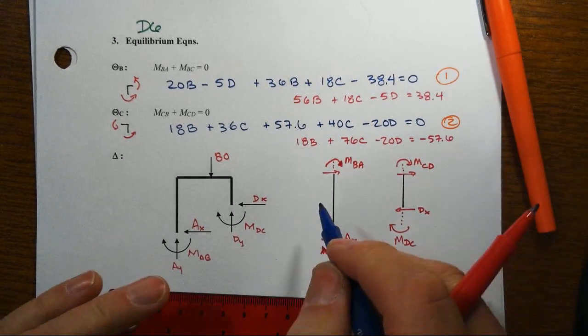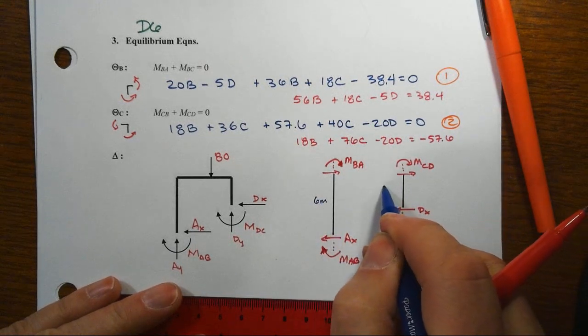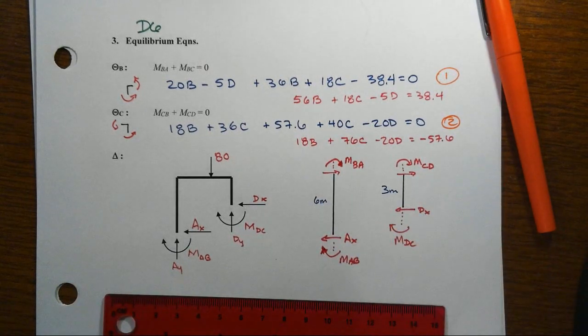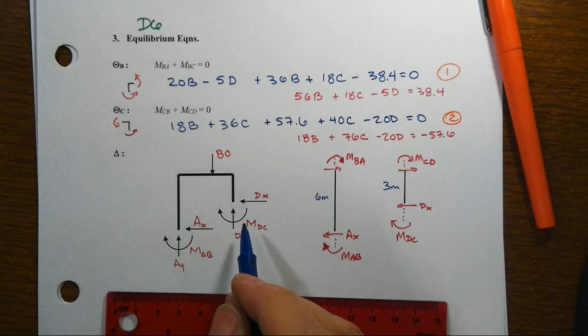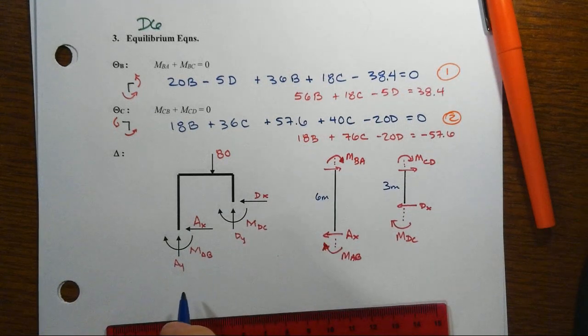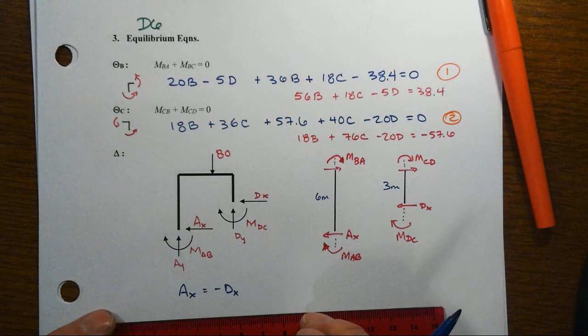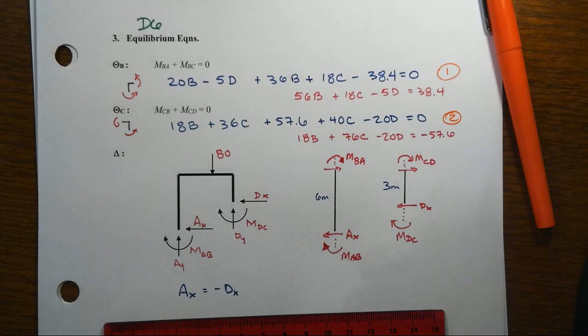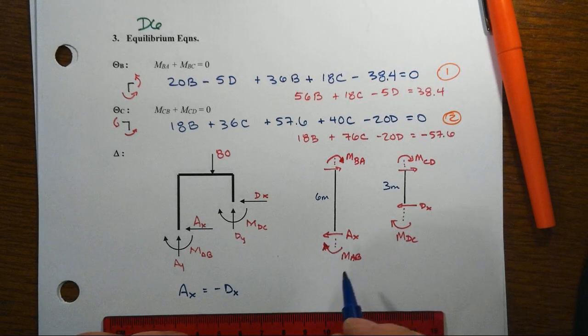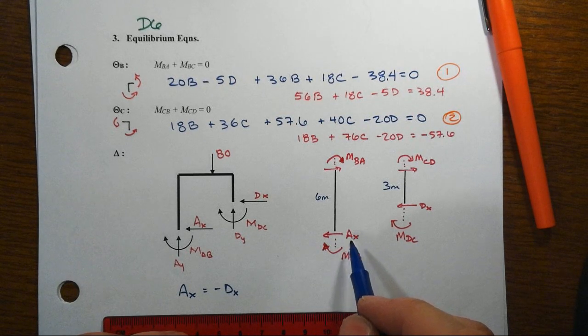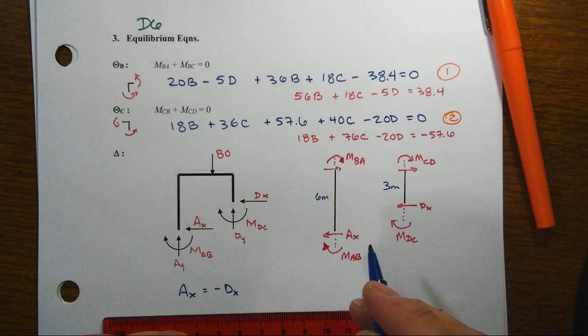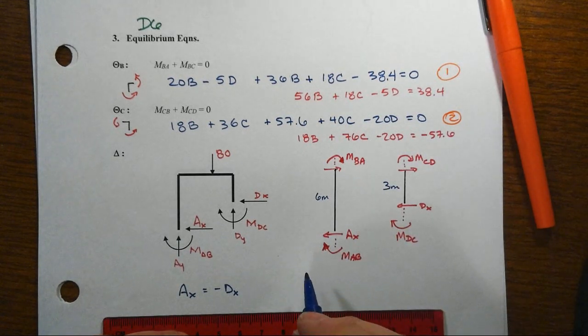And let's go ahead and get the height of the column in as well, so that when it comes to doing the key work, we come back over to this left one, and what we find out is that AX is going to be equal to the opposite of DX. Then we come to this one and say, okay, we can get AX in terms of the member end moments by summing moments up here at the top.